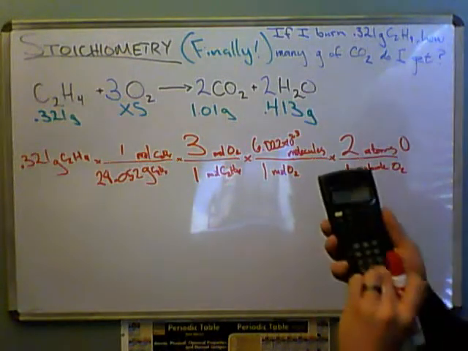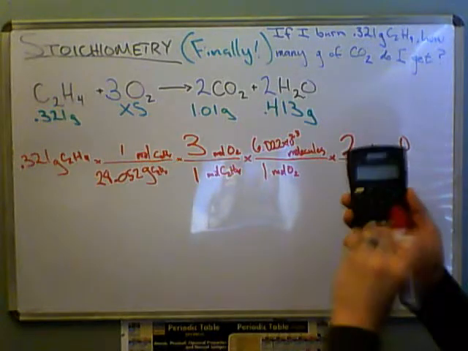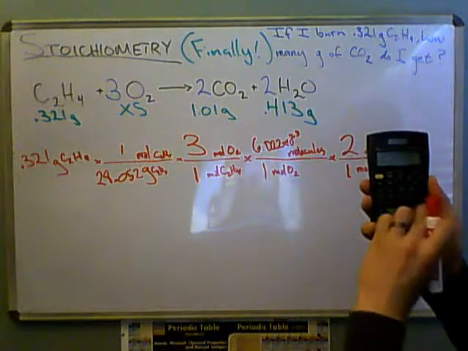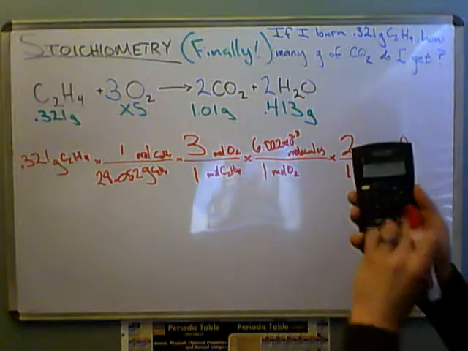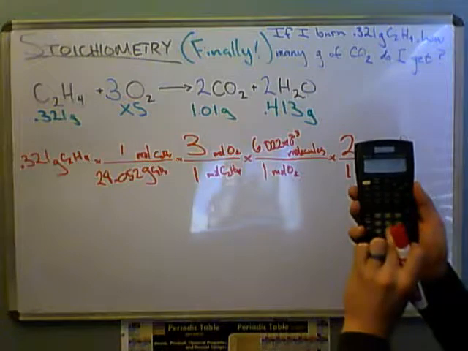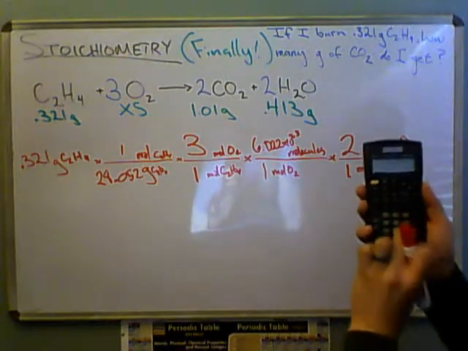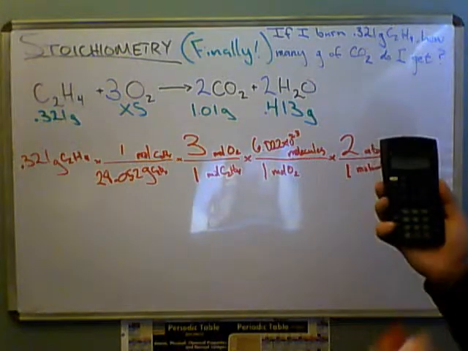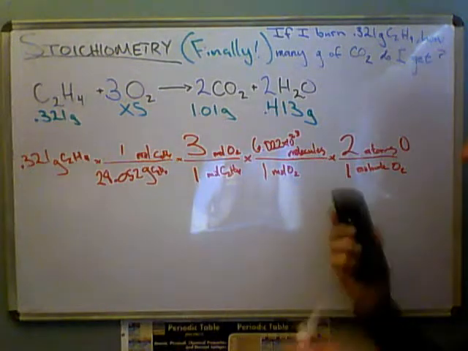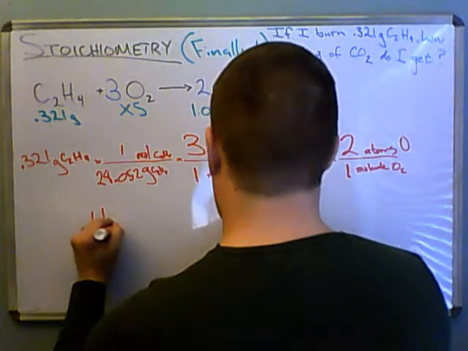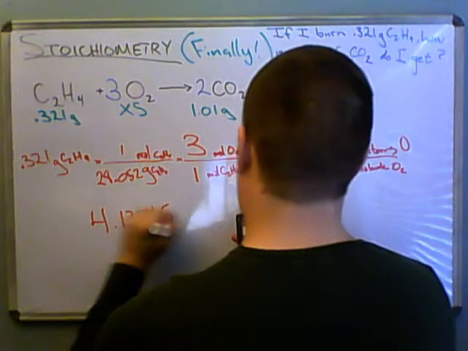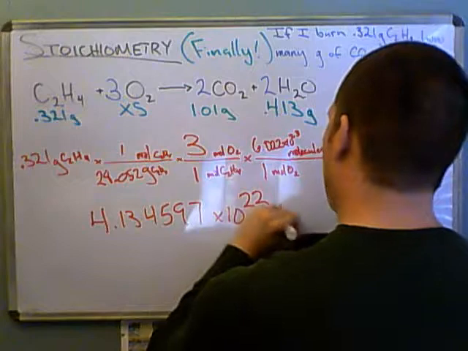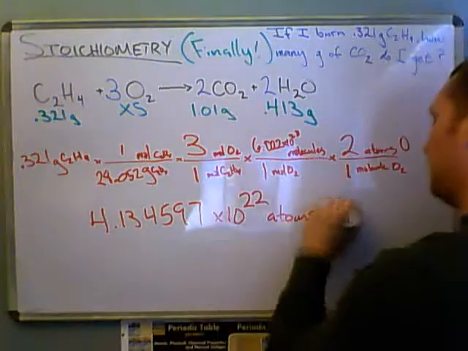So let's go. 0.321 times 1 divided by 28.052 times 3 divided by 1 times Avogadro's number, 6.022 E 23, times 2 divided by 1, and I get 4.134597 times 10 to the 22nd atoms of oxygen.